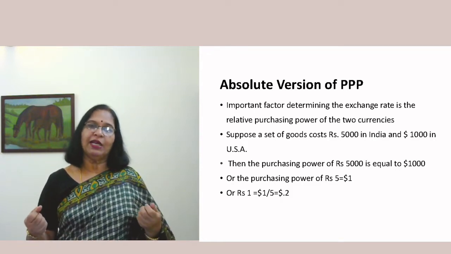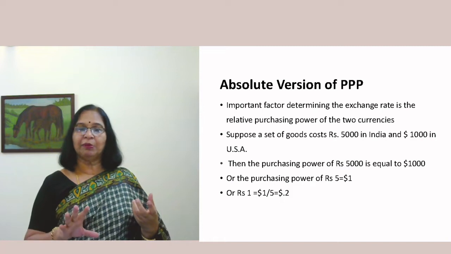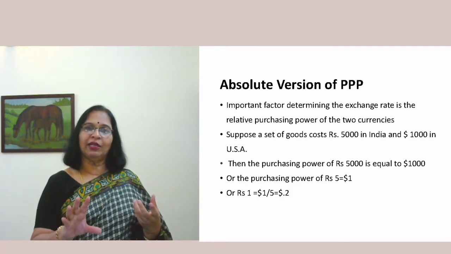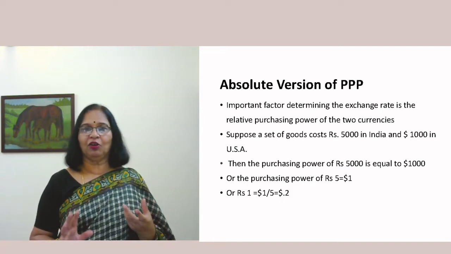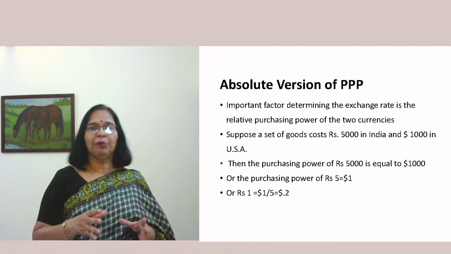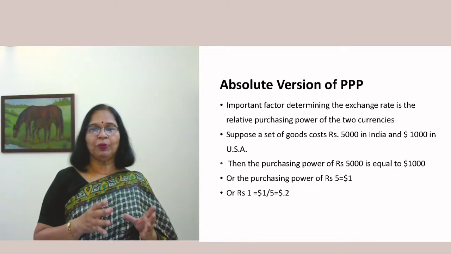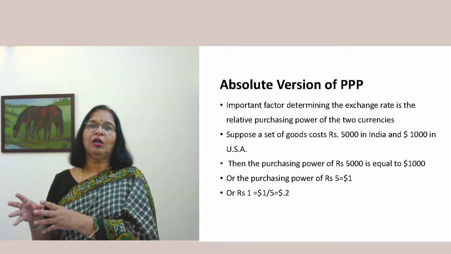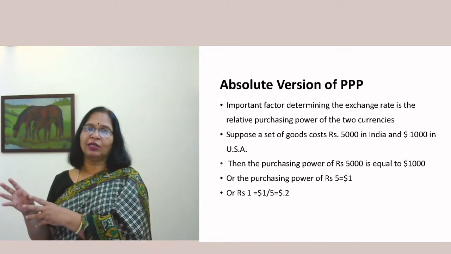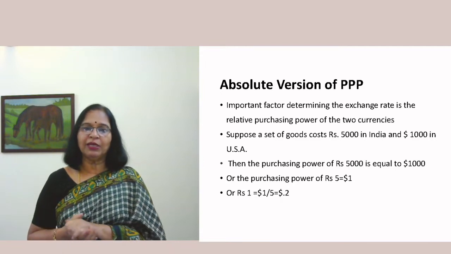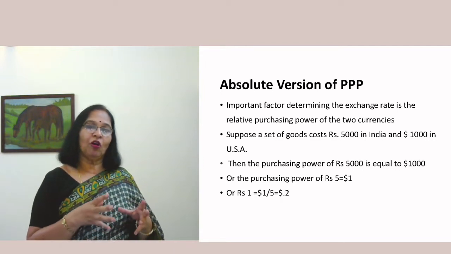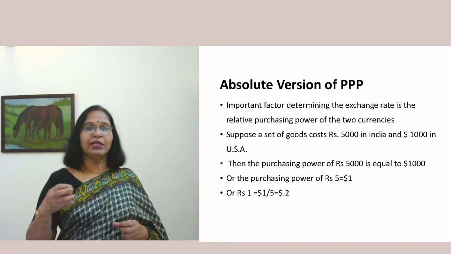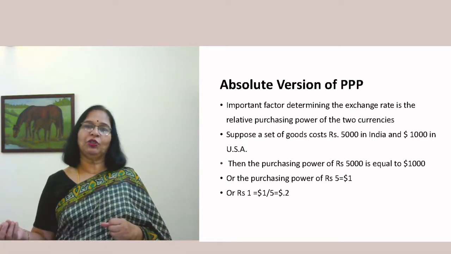Now, this means, let me take a simple example. These numbers have no more meaning than using it for understanding the concept. One set of goods can be purchased in India by paying rupees 5,000, and a similar set of goods can be purchased for $1,000 in the USA. So that means that the purchasing power of 5,000 in India is equal to 1,000 of the US dollars.